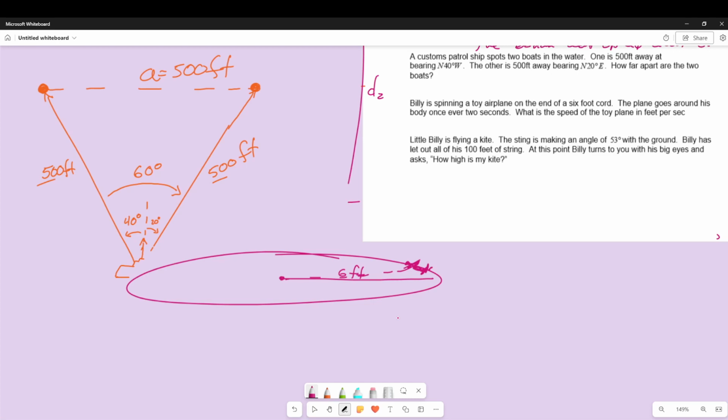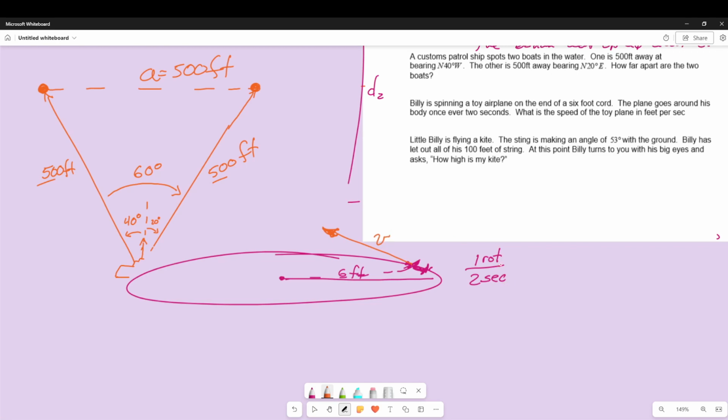And the plane goes around his body once every 2 seconds, so the speed is 1 rotation per 2 seconds, and we want to know what the speed of the toy plane is in feet per second. So we know how fast it's rotating. We want to know how fast it's actually moving on the edge there, so we want the linear speed in feet per second.